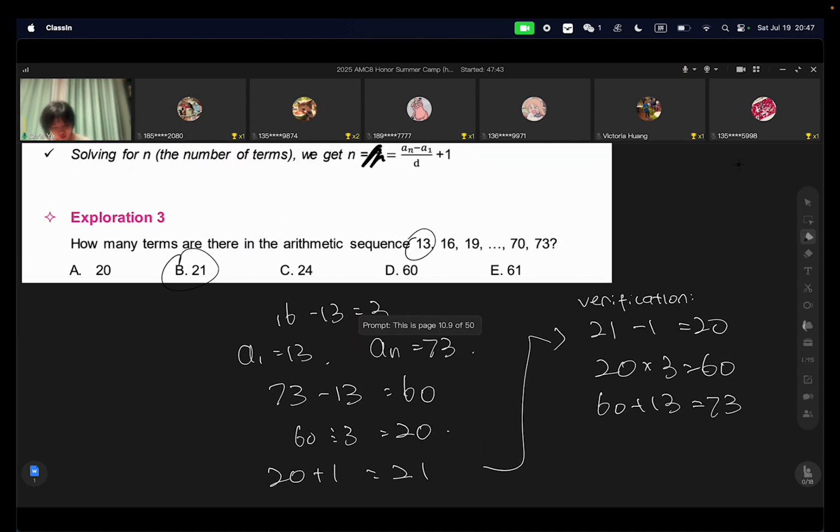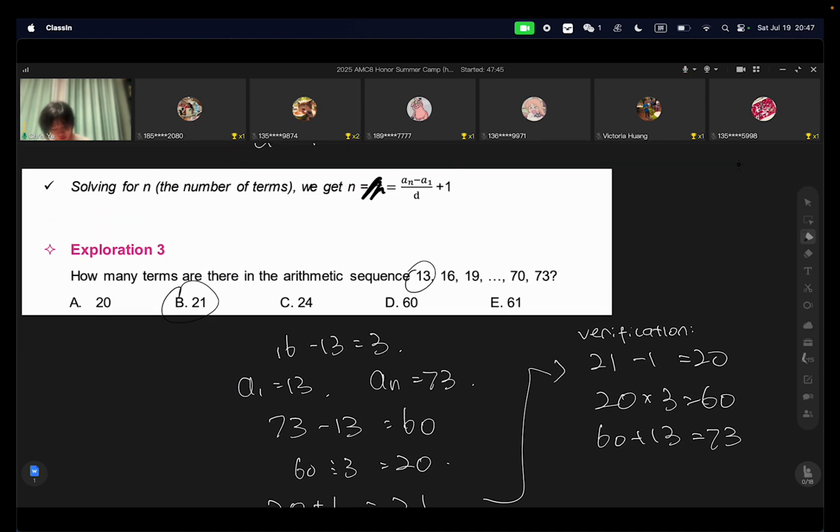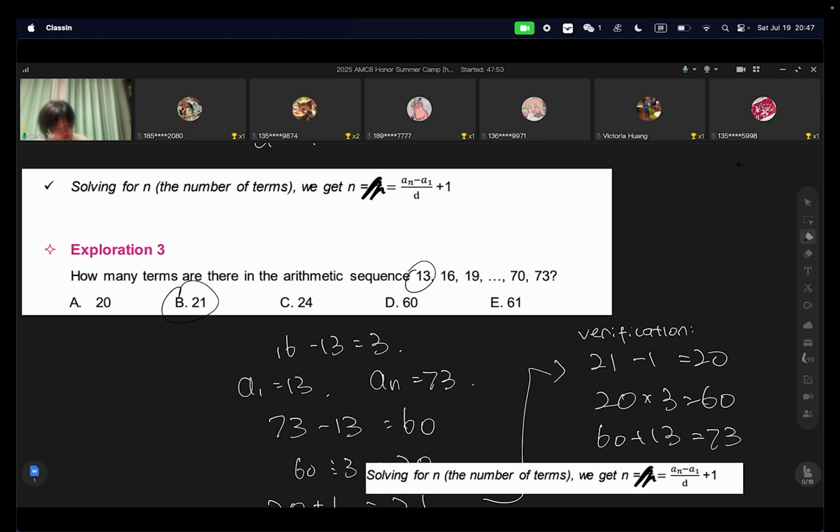I'm going to screenshot this formula for you guys to see, just in case, and bring it down.